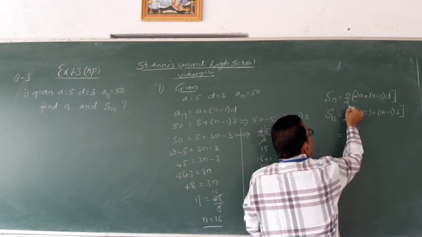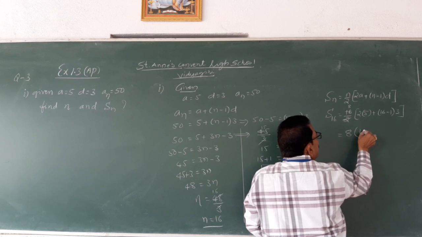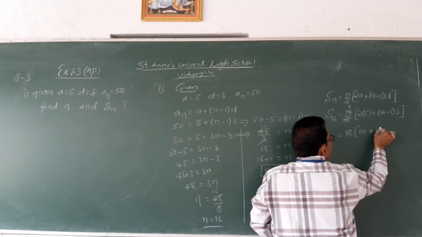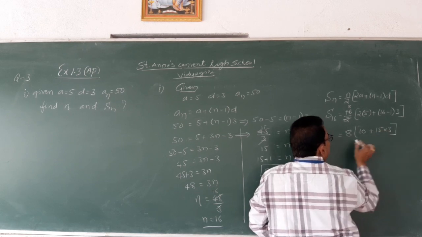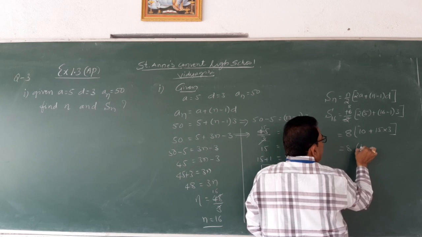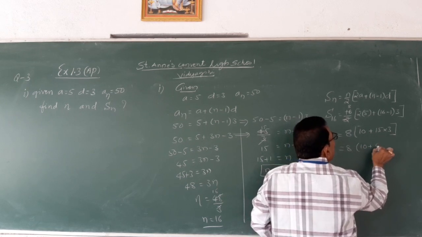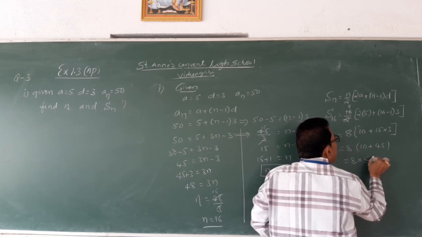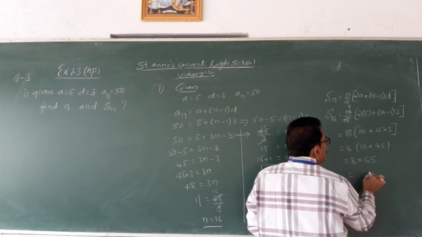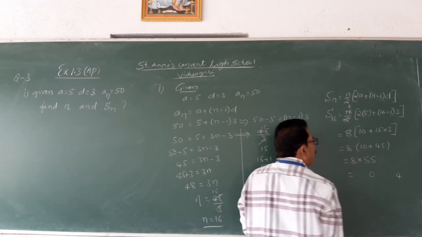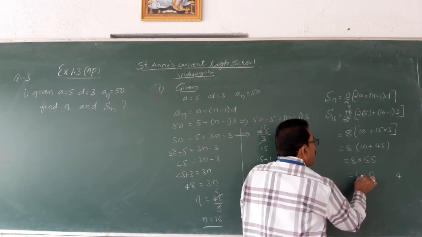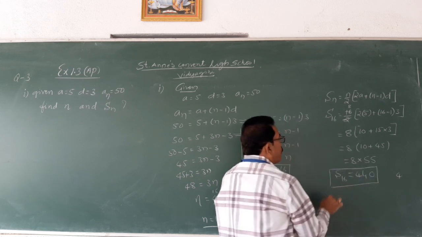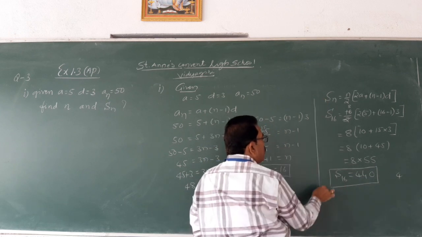So 2 fives are 10, plus 15 into 3, 15 threes are 45. That is 8 into 55, which is 8 fives are 40, carry 4, 8 fives are 40 plus 4, 44. So S16 equals 440.